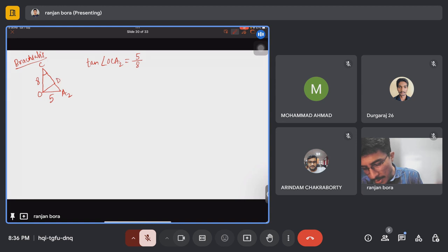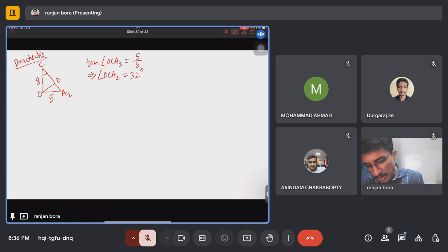Let us take this point as D. The angle OCA2 will be 32 degrees.